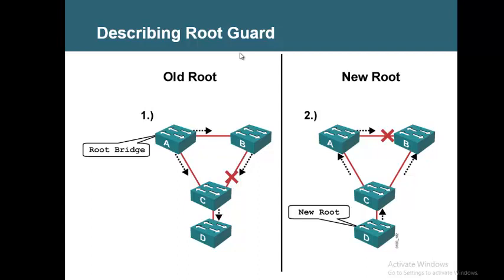So what he is trying to do is send a superior BPDU which will make switch B block between A and B. So that's what the attacker wants to gain. He does not want the block to be between C and B for some reason.